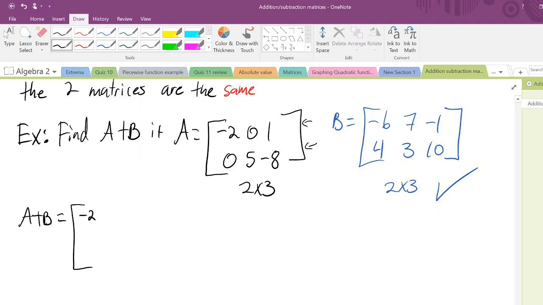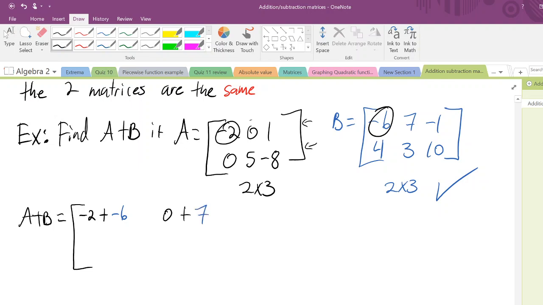So I'm going to have -2 plus -6, because that's this one and this one. Then the next one is 0 plus 7.